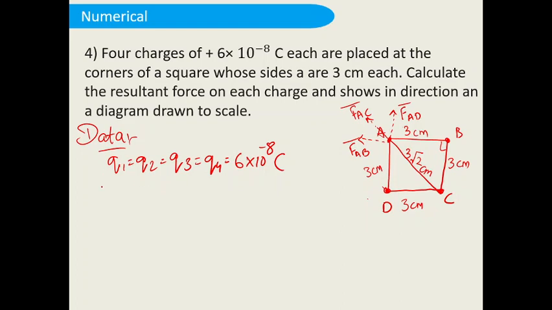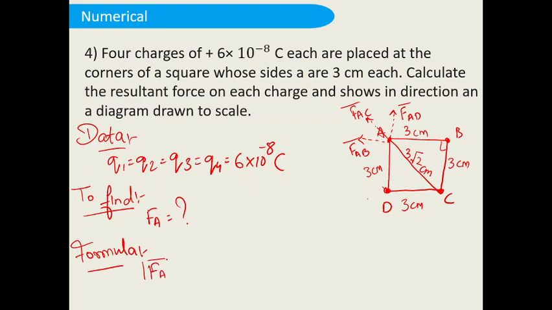So to find the total force acting at position A, the formula is magnitude of FA bar equals under root of FAB square plus FAC square plus FAD square.